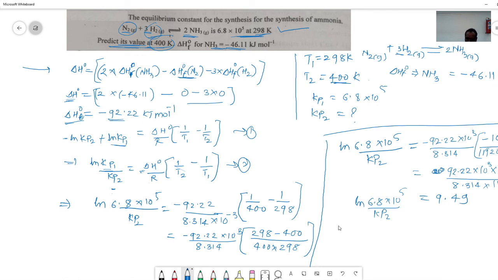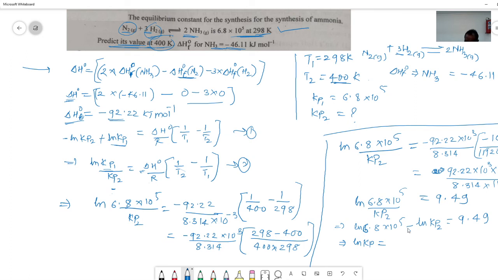Therefore that can be written as ln 6.8 into 10 raised to 5 minus ln Kp2 is equal to 9.49. If we rearrange this equation, taking ln Kp2 to that side, this will become negative.